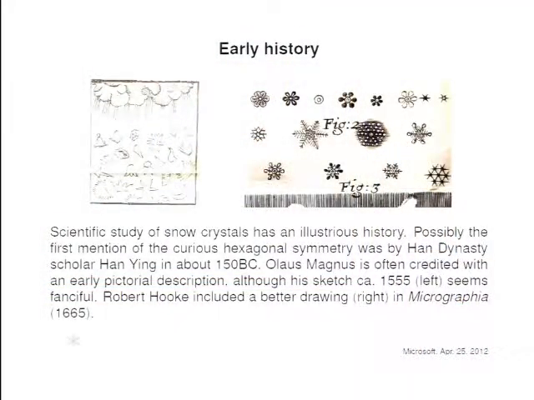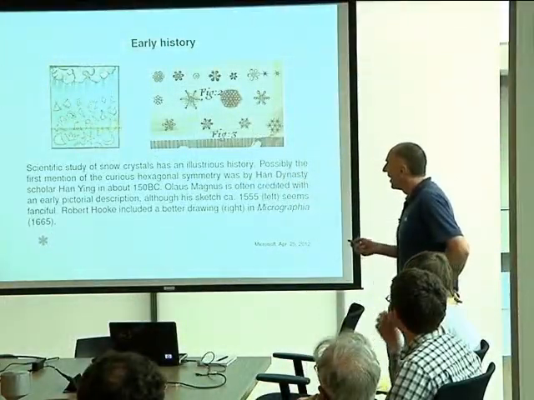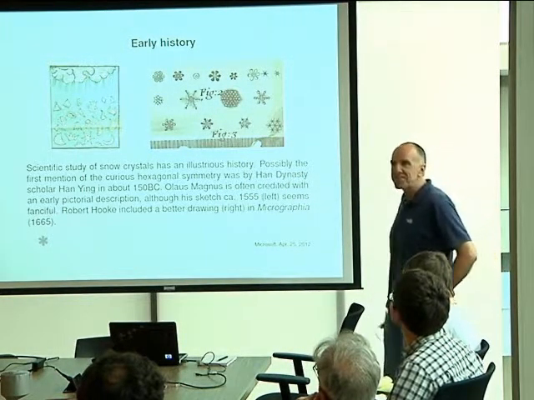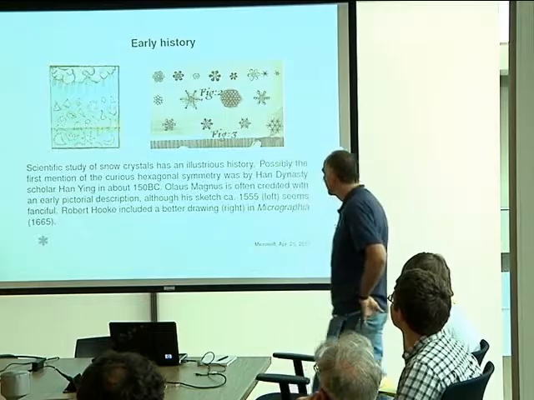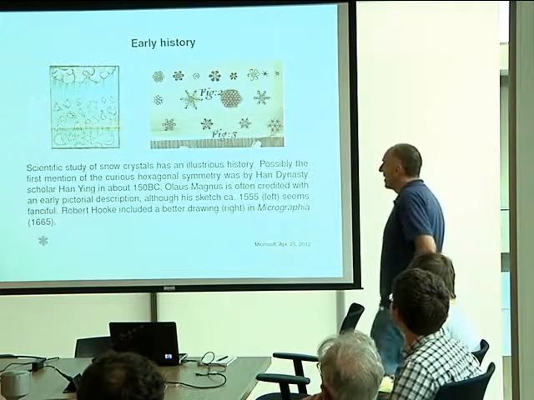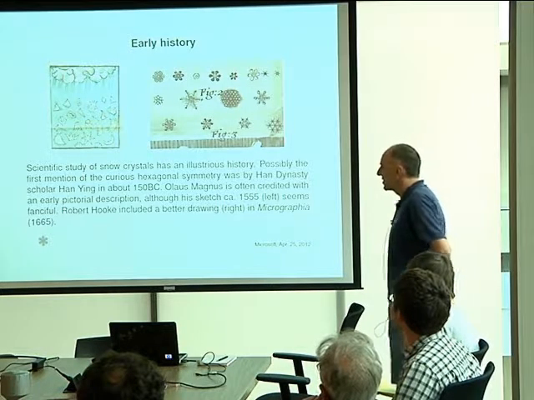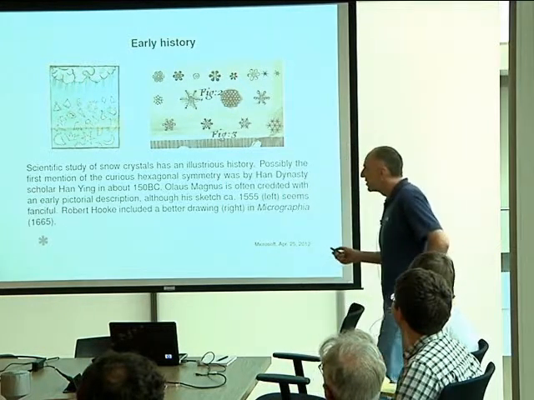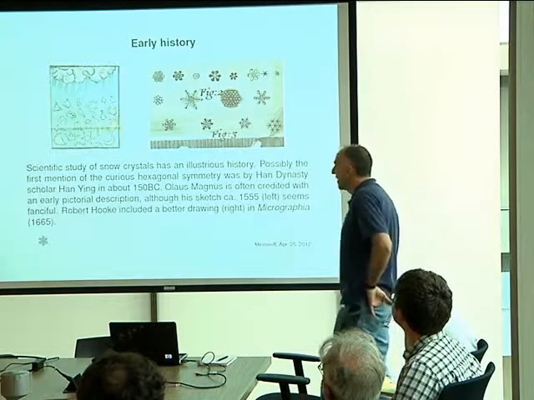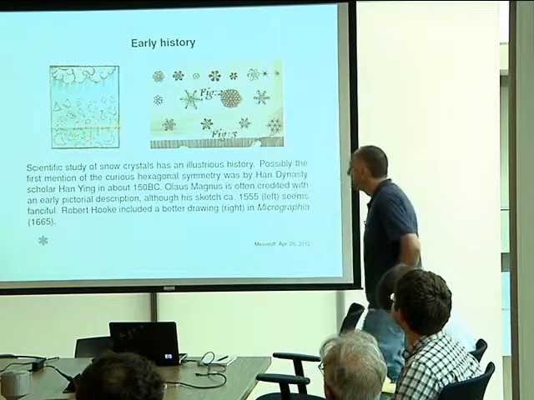Okay, so these are some of the first published pictures of snowflakes. This one leaves a bit to be desired by today's standards, but nevertheless. The beginning of the study of snowflakes is credited, of course, to a Chinese scholar, Han Ying.